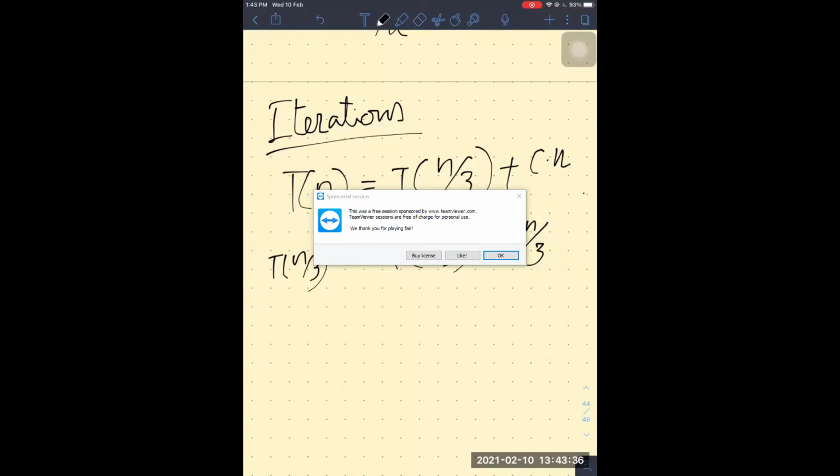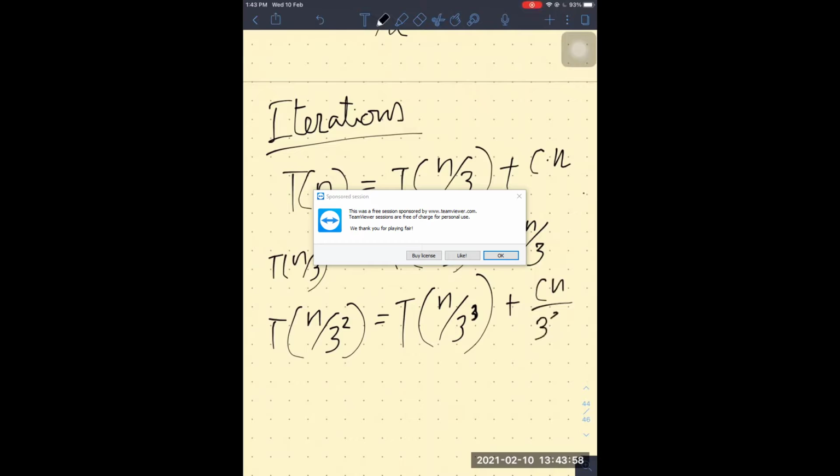And then the next term will be T(n/3 squared), which will be T(n/3 cubed) plus c times n divided by 3 squared.